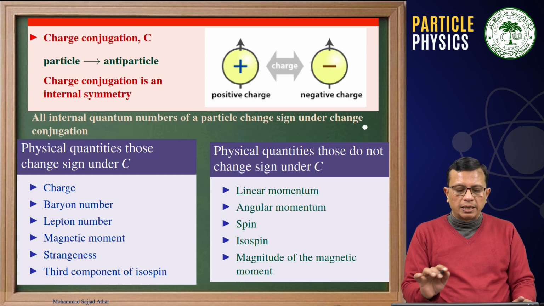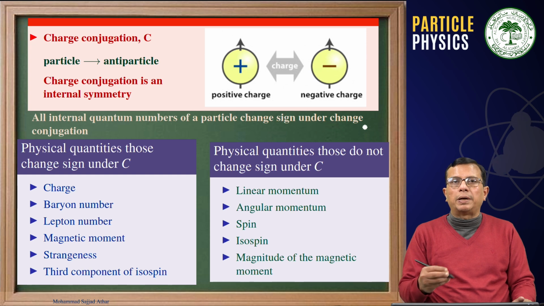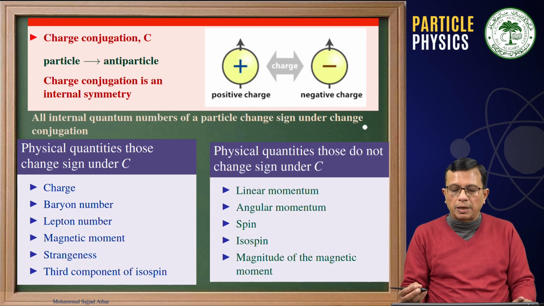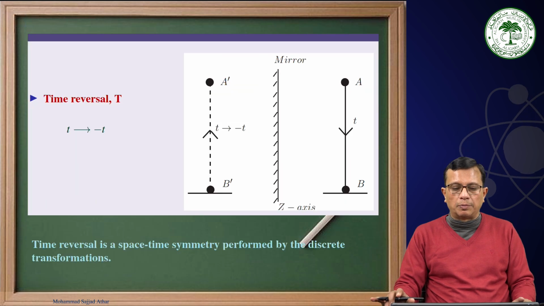Then the third component of isospin, because sigma plus is becoming sigma plus bar and sigma minus is becoming sigma minus bar. The quantities which do not change sign under C are linear momentum, angular momentum, isospin, magnitude of the magnetic moment, etc. And we will discuss it in detail.